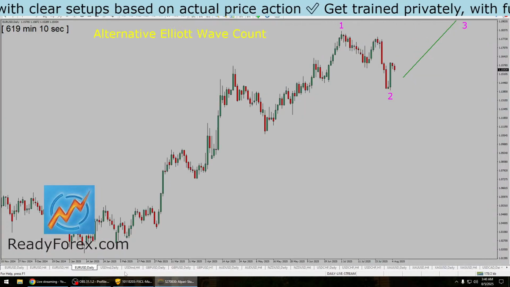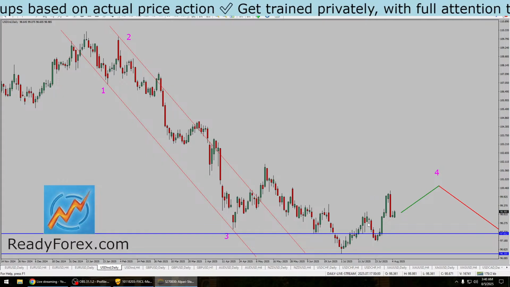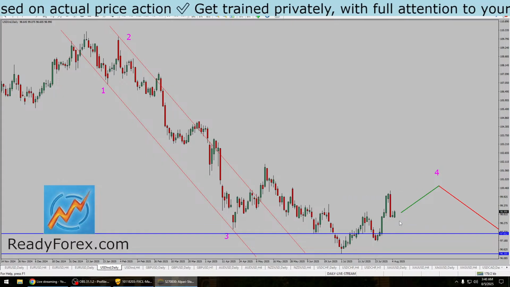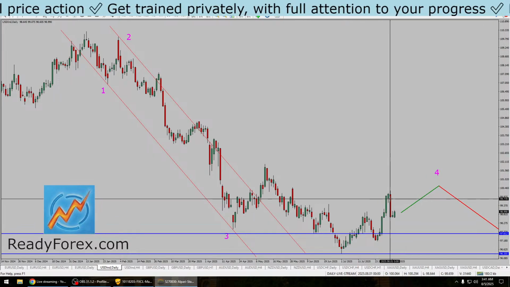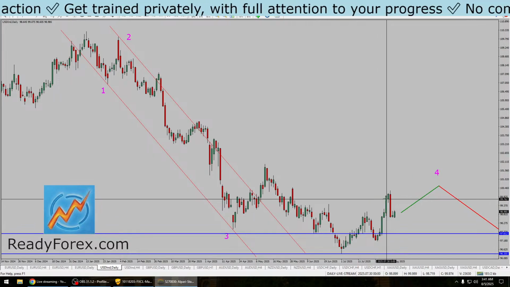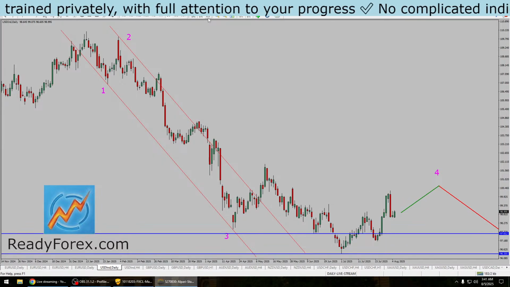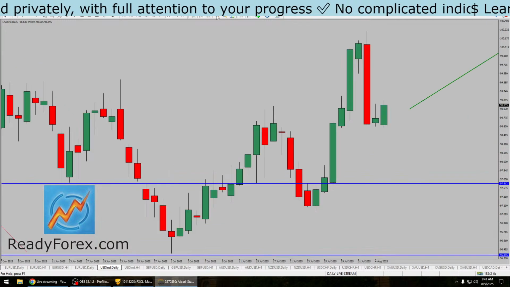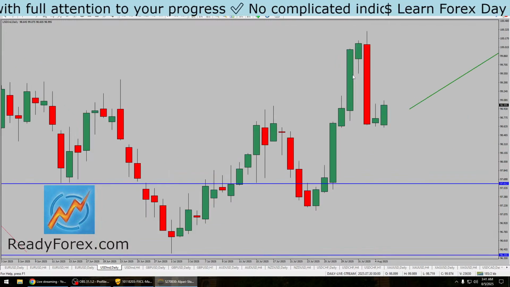So let's go. The DX, the US dollar index, is trying to rise a little bit. The way I see it, we got this key reversal candlestick pattern, which is part of an evening star. Let me zoom in a little bit. This is a bearish indication.